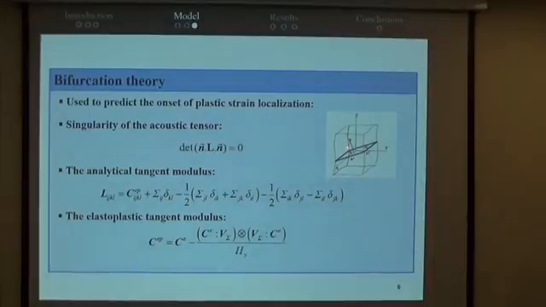Where n is the normal to the localization band, L is the analytical tangent modulus. This tangent modulus is expressed as a function of L^ep, which is the elastoplastic tangent modulus, and other convective terms.